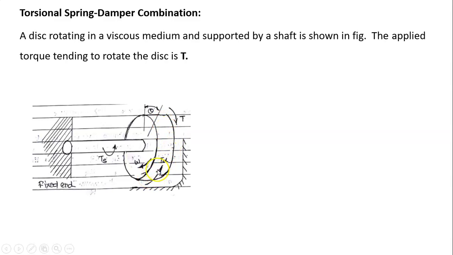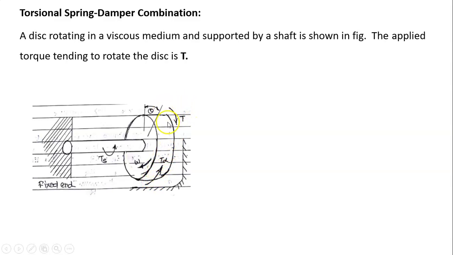Therefore, shaft will resist its deflection in clockwise direction. Therefore, shaft torque Ts will act in anti-clockwise direction, and this damping torque Td will also resist the motion of this applied torque. Therefore, damping torque Td will also act in the anti-clockwise direction.